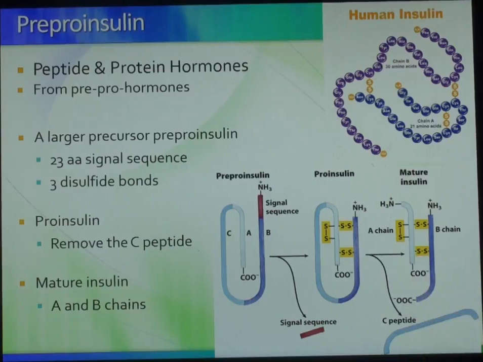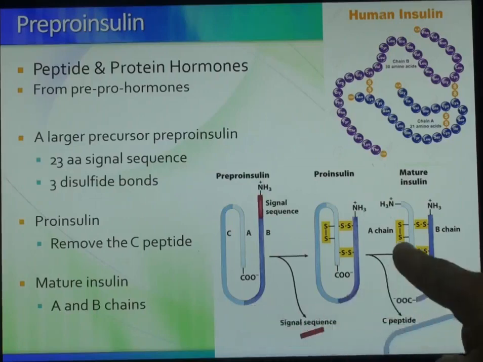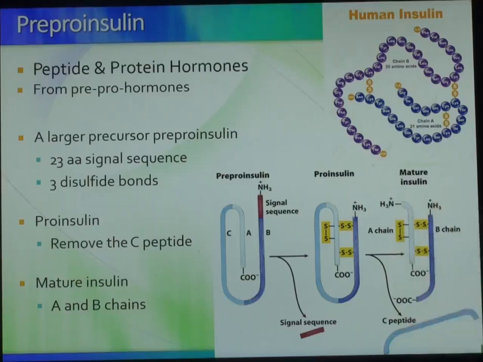We talked about that as well, about insulin, in the molecular biology course, when we talked about cloning and how we can actually clone the different portions of the genes in different bacteria, and then we can combine the A peptide with the B peptide, forming the final mature form of the insulin.